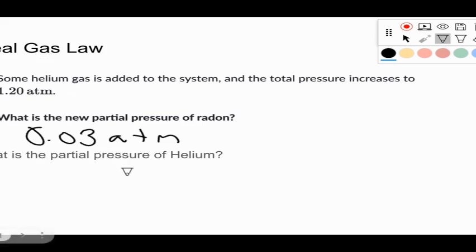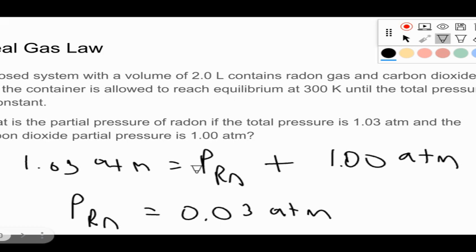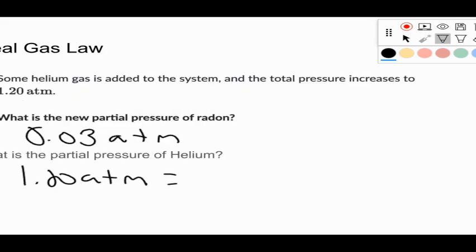Then it's asking what's the pressure of helium. So now my total pressure is 1.20 atm. We said on the last slide that the pressure of carbon dioxide was 1, and the pressure of radon is 0.03.